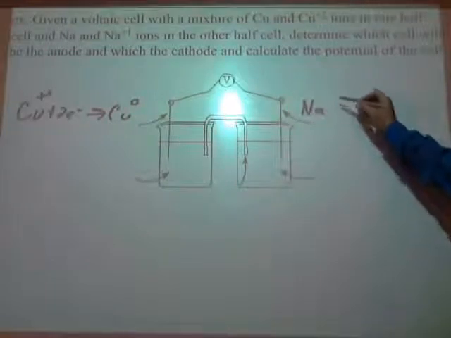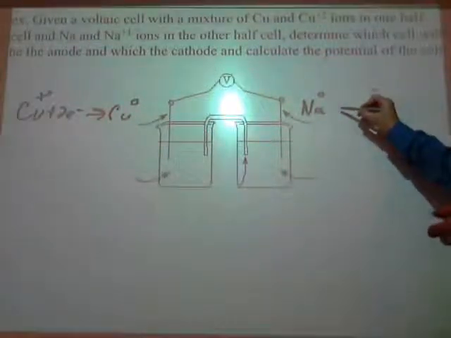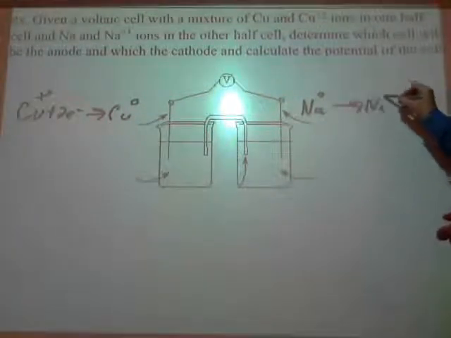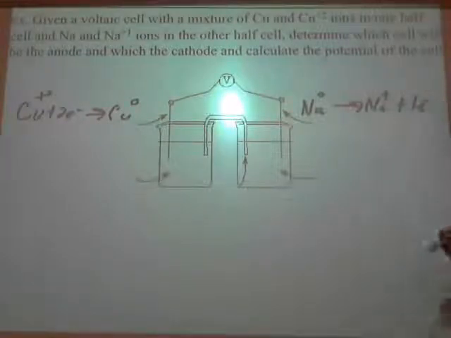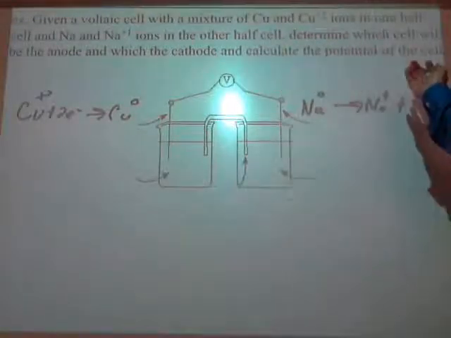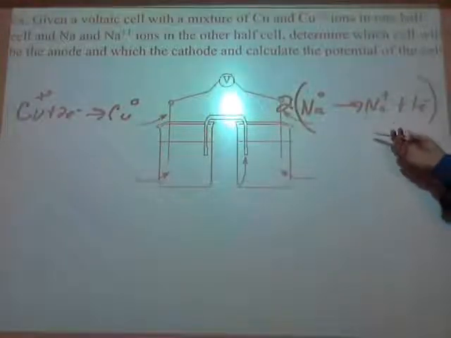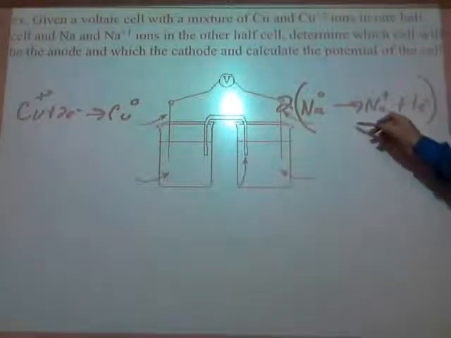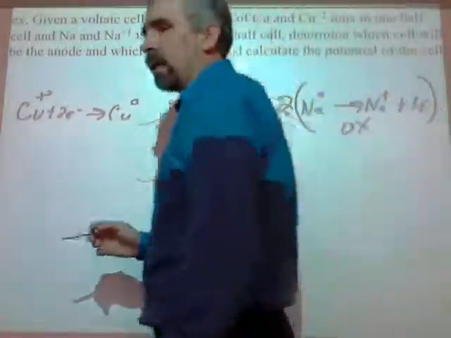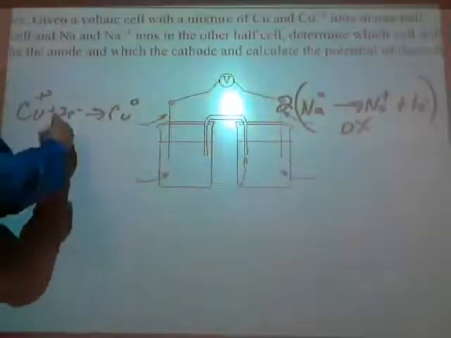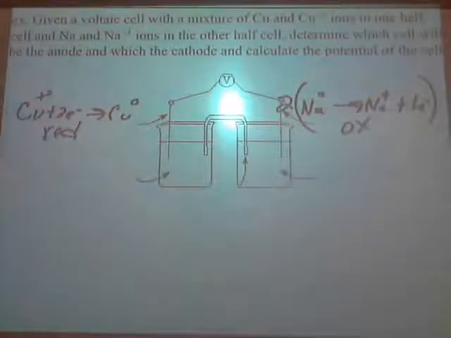It's going to be sodium metal becoming sodium ions plus 1 electron. Sodium ions are plus 1. Now I have to balance it like I always would for number of electrons lost and gained, so I put 2 in front of the sodium. I call this one oxidation, and I call this one reduction.